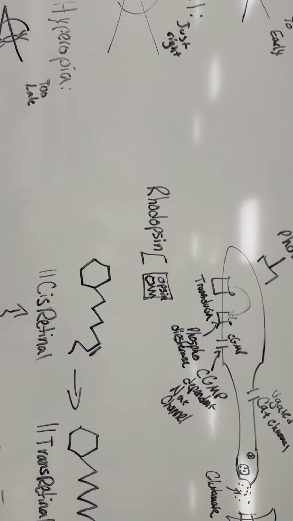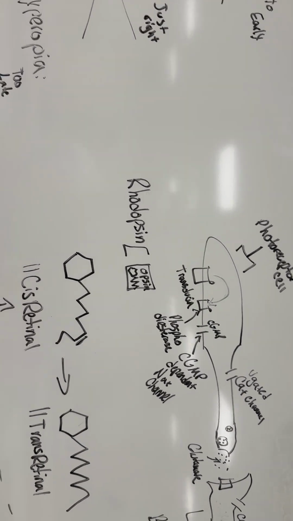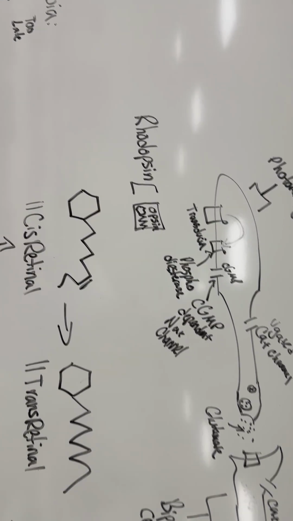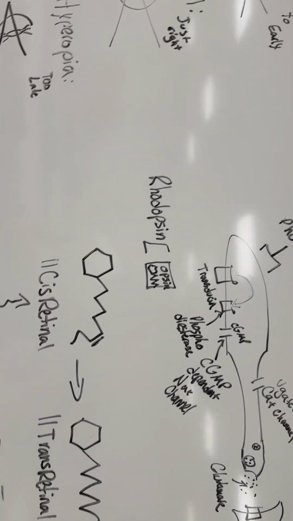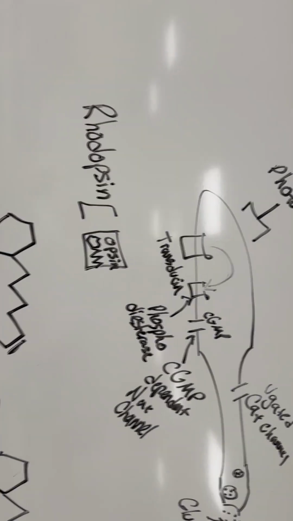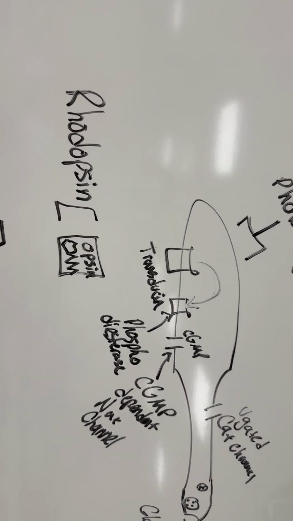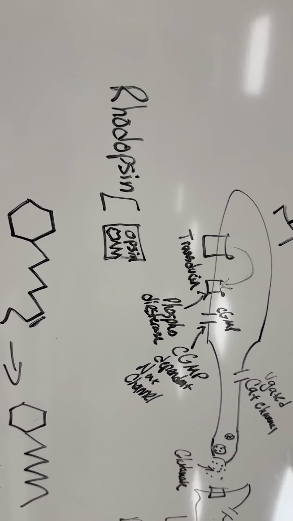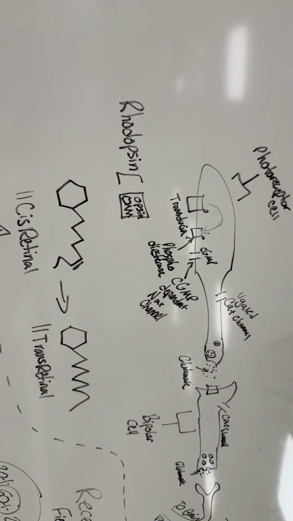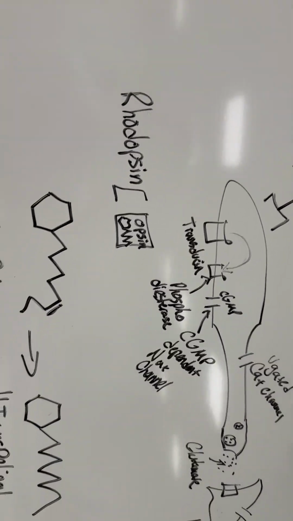I'm not quite sure what the name of this G protein coupled receptor is. I think it's transducin, or maybe transducin has rhodopsin in it, but this is going to cause this G protein to become activated. So this G protein coupled receptor called transducin is activated by light, and it's activated by 11-cis retinol becoming 11-trans retinol and dissociating from the protein.